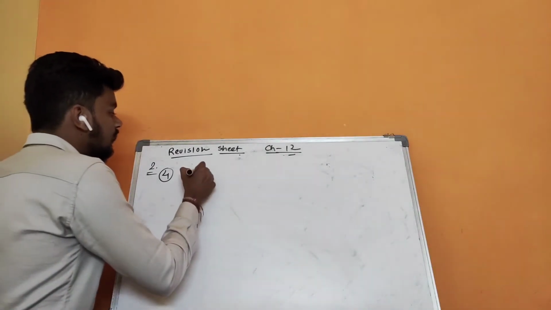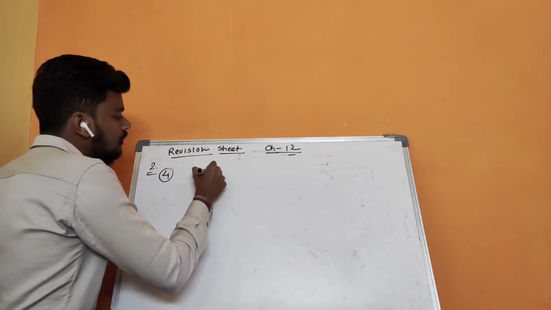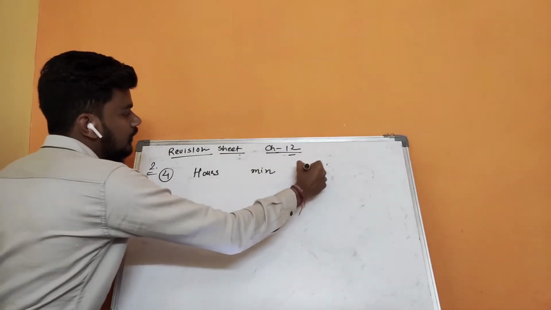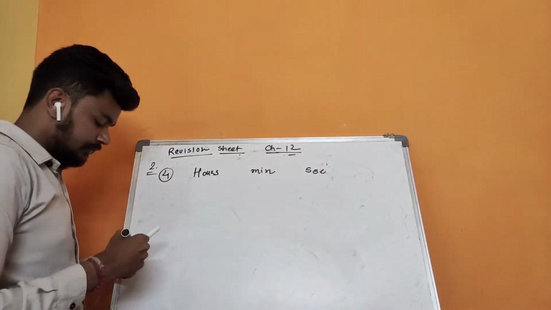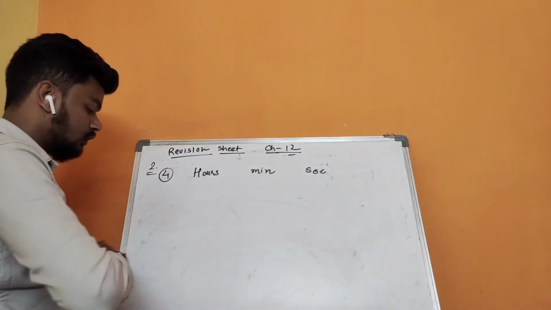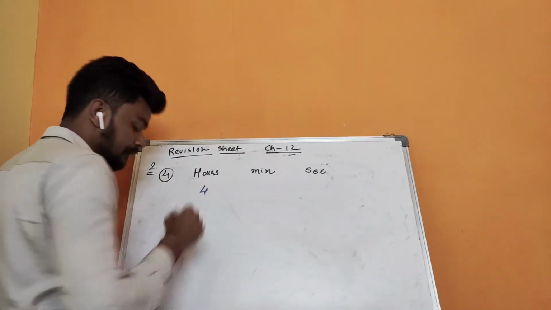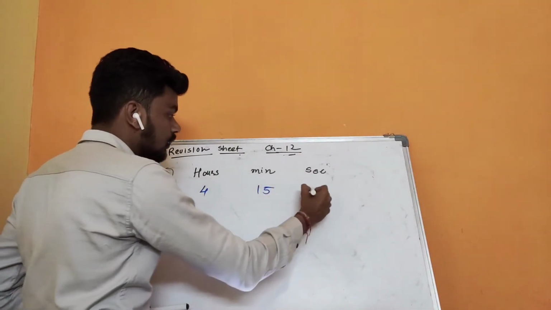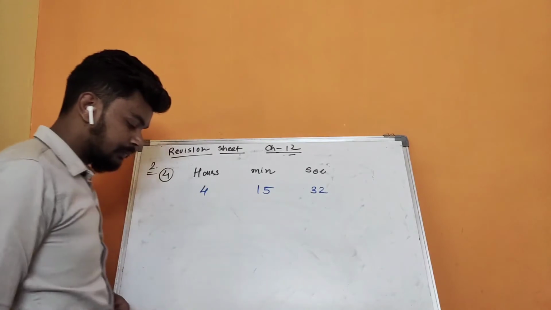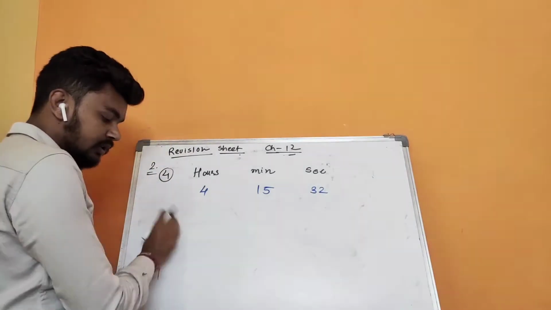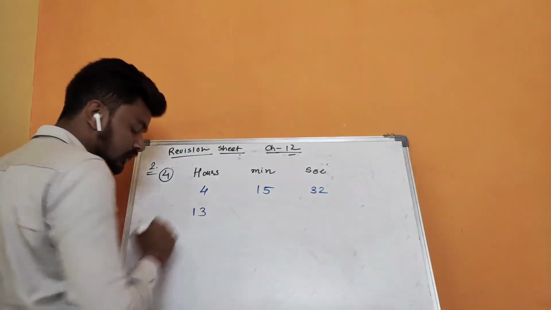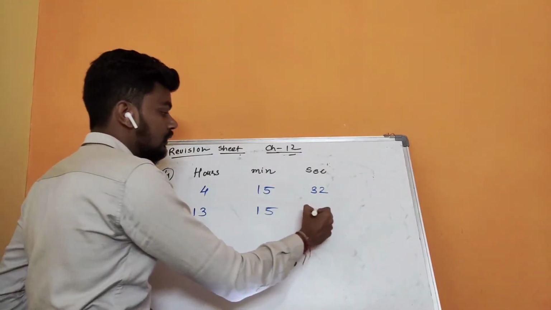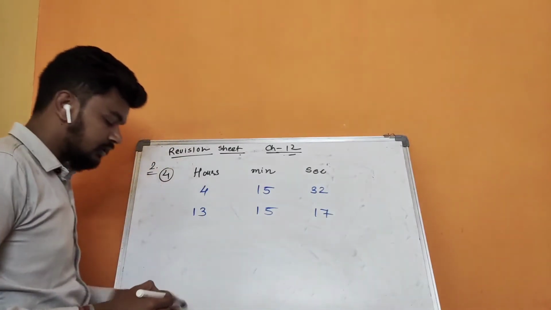So I am writing all of them like hours, minutes and seconds. The first one is 4 hours 15 minutes and 32 seconds. Second one is 13 hours 15 minutes and 17 seconds.